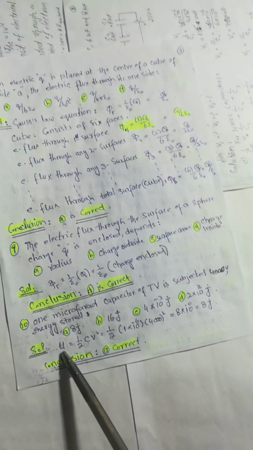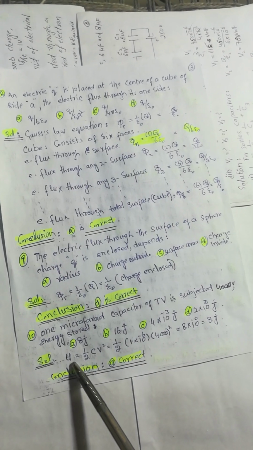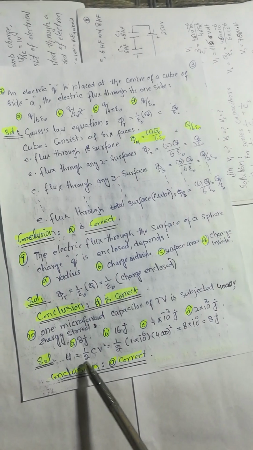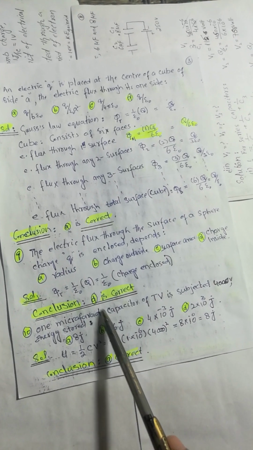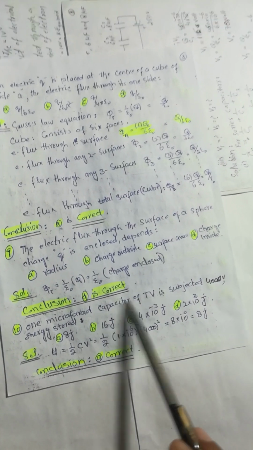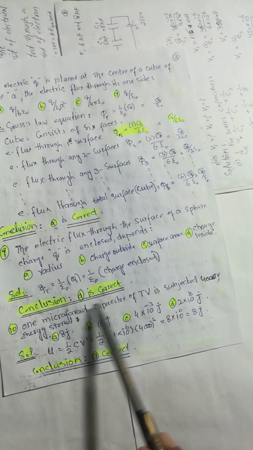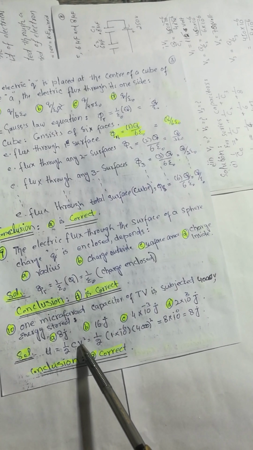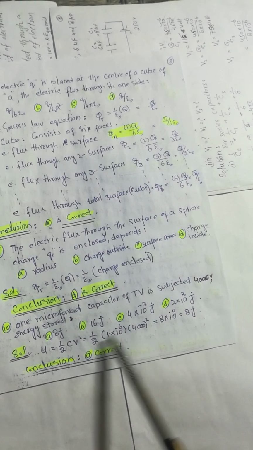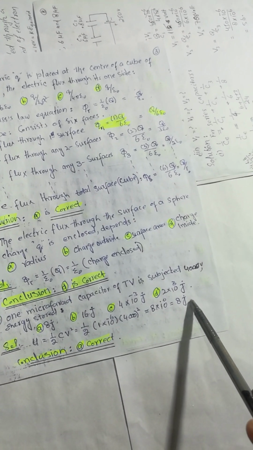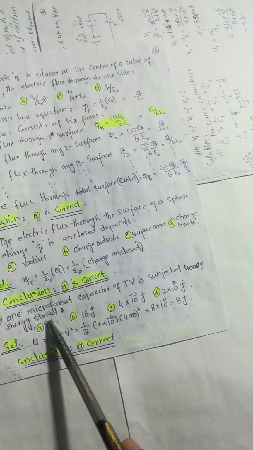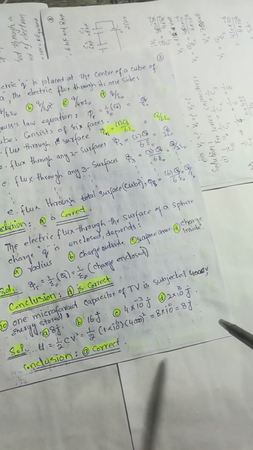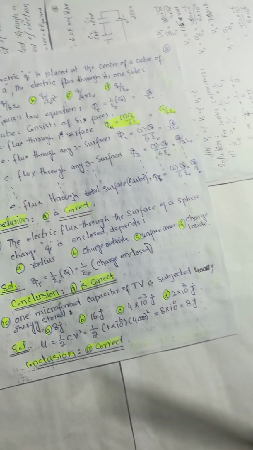There are four formulas for the electrical energy stored in a capacitor, but this formula fits the givens and the required. So U equals half CV squared. C is given, V is given. Therefore, putting in the values, we get 8 joules of electrical energy stored in the 1 microfarad capacitor.